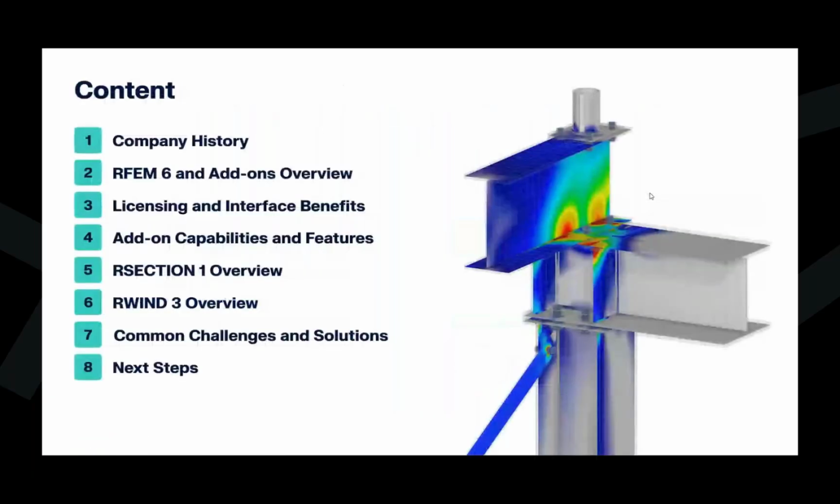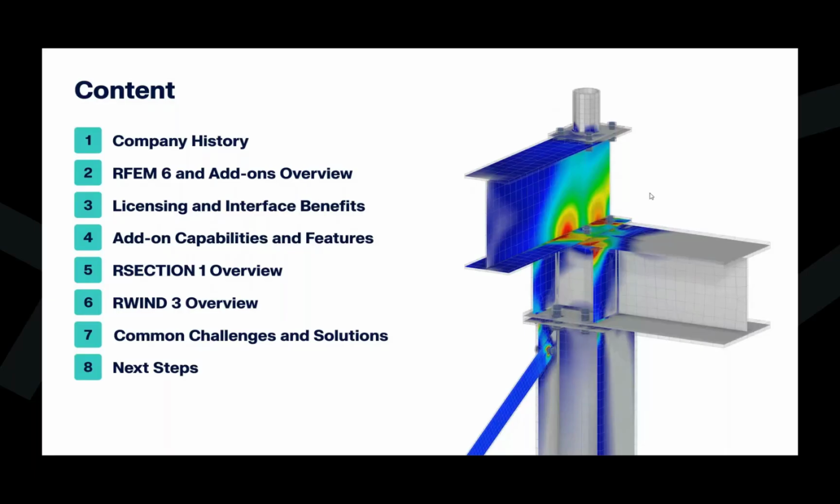So we'll quickly go through the content that I want to cover over the next hour today. We'll begin with a brief introduction to our company and company history before moving into our programs, including RFEM 6. We'll talk a little more about which add-ons are available, the licensing and interface benefits. Then we'll dive deeper into these add-ons specifically to talk about the capabilities and features.